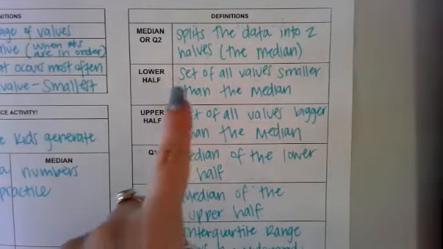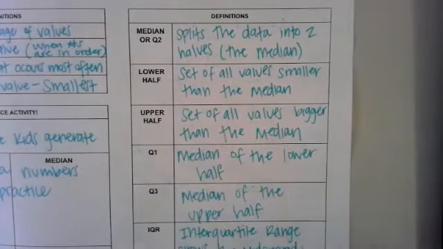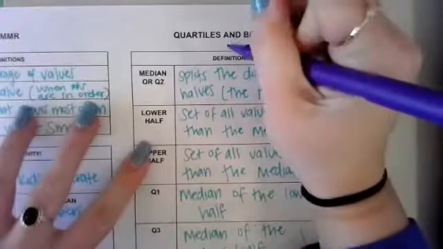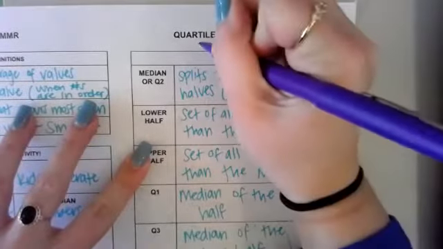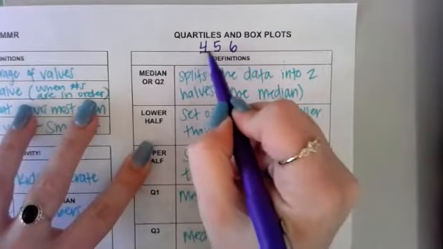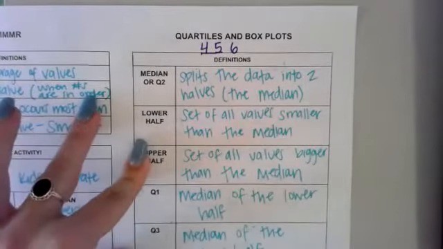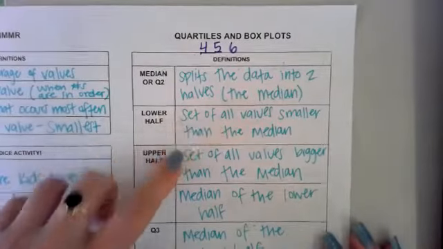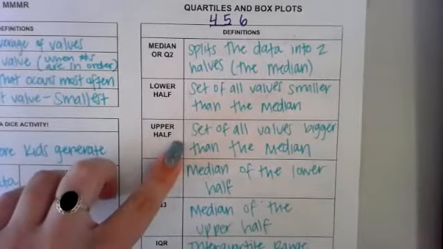The lower half is the set of all of the values that are smaller than the median. For example, let's say 6 is my median, and I have the numbers 4 and 5 beneath it. This would be the lower half: the numbers that are smaller than the median. The upper half is all the numbers that are bigger than the median.